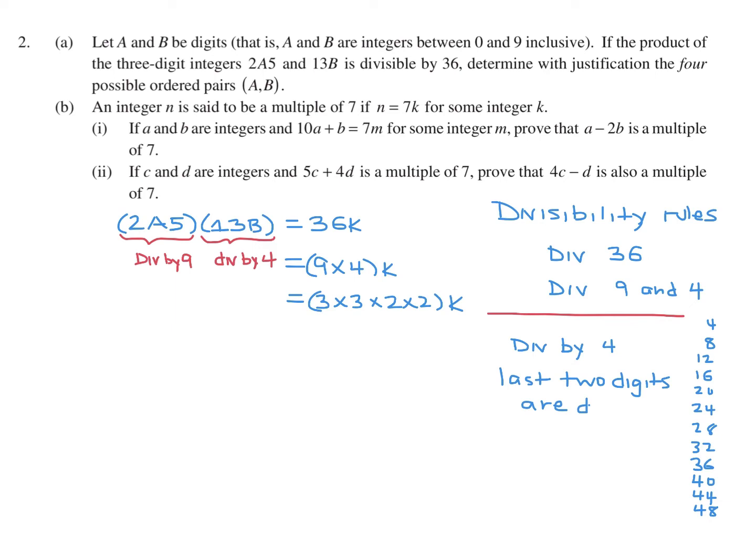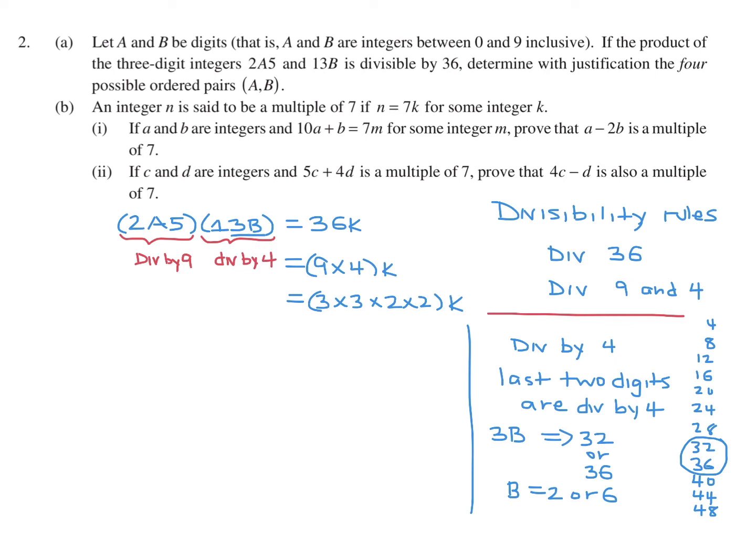So that means the last two digits here, 3b, are divisible by 4. If we look here, the only possibilities are 32 and 36. So b is either a 2 or a 6. Hopefully so far so good.